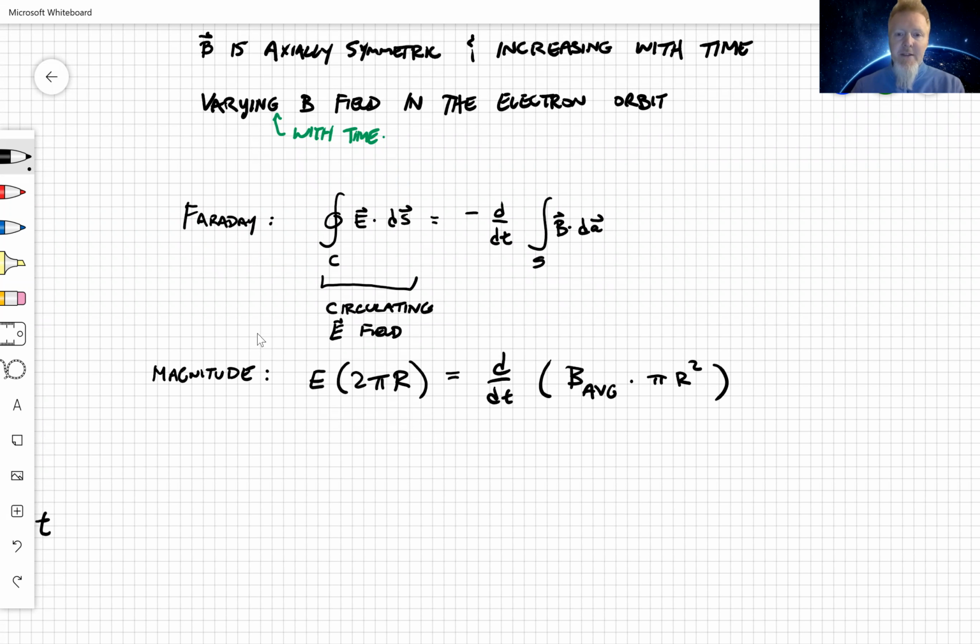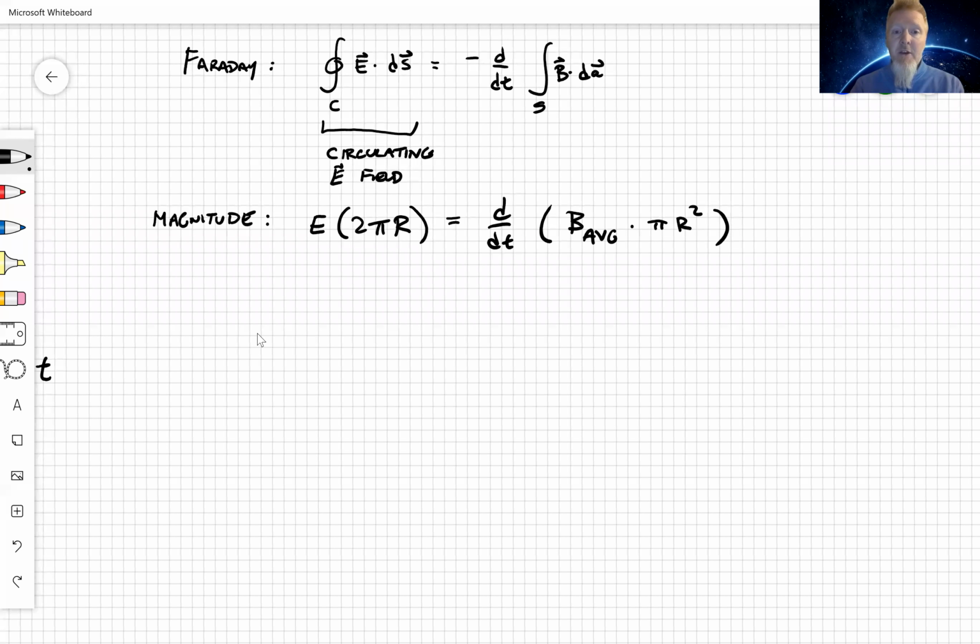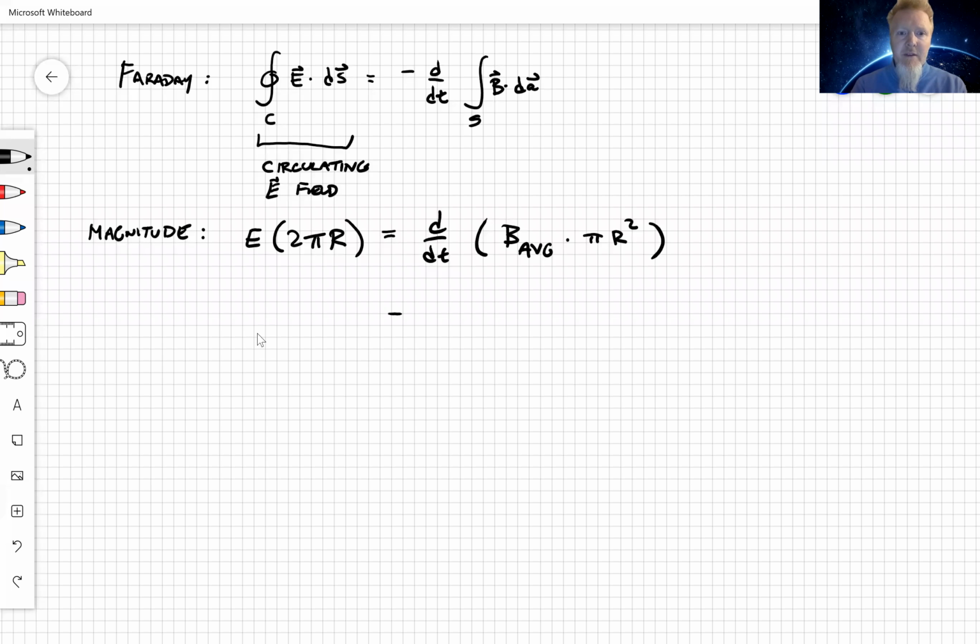So we need the time rate of change of that. This derivative gets into the parentheses, and it says, which one of you is time rate of changing? It's going to be the B field. So this ends up as pi r squared times dB average dt, and that should be equal to E times 2 pi r.